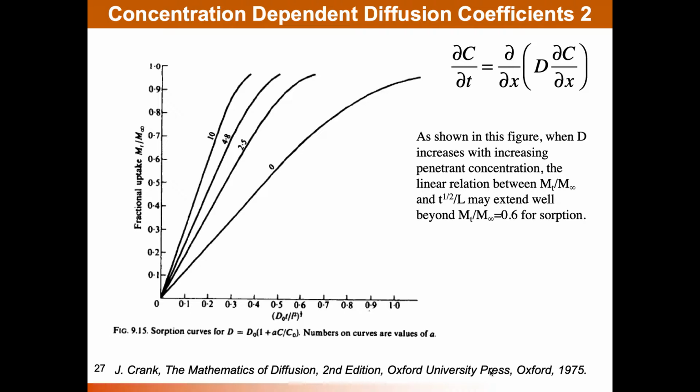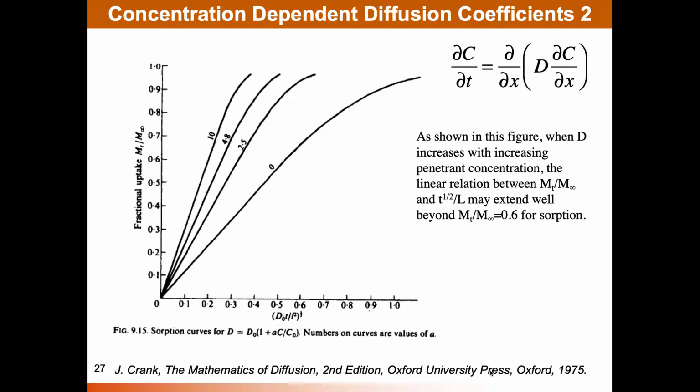Well, if you make the diffusion coefficient more concentration dependent, it goes up by a factor of 4.8, a factor of 10 during the experiment. You still see the basic structure of the experiment: fractional mass uptake is linear with time and eventually bends over to asymptotically approach a value of 1.